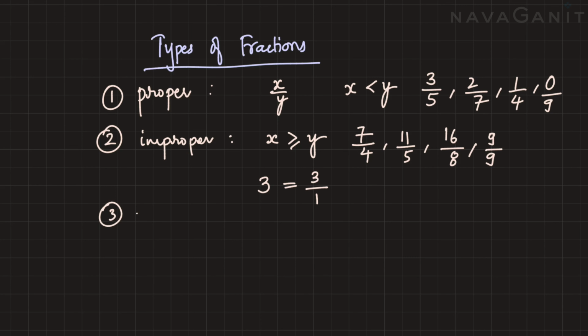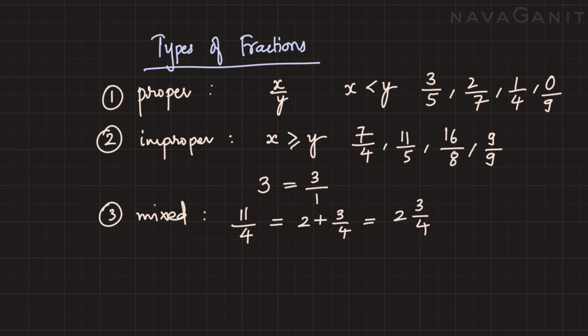Next, we have mixed fractions. So a mixed fraction combines a whole number and a proper fraction. So basically it is another way to write an improper fraction. For example, say we have 11 by 4. Now 11 by 4 can be written as 2 plus 3 by 4 or simply 2 3 by 4.